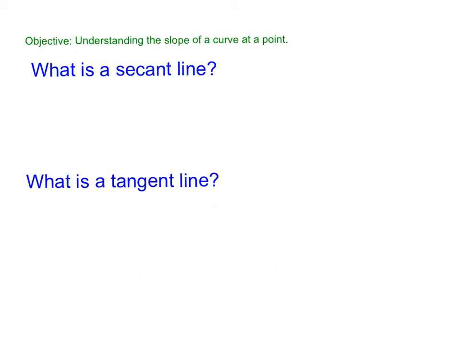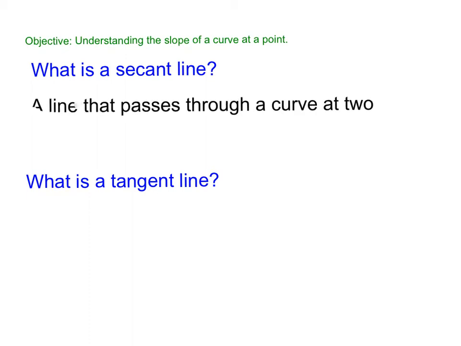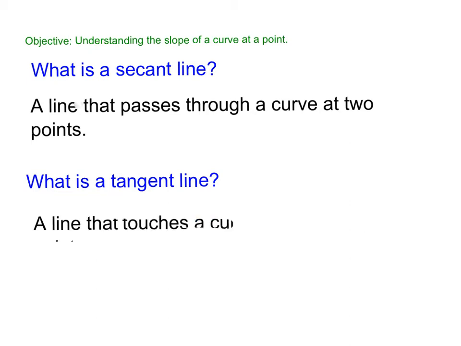What is a secant line? The word secant, we know that it has to do with trig, but there's another reason why it's called that. Do you remember what a secant line is? It's a line that passes through a curve at 2 points. And then a tangent line is a line that touches a curve at exactly 1 point.